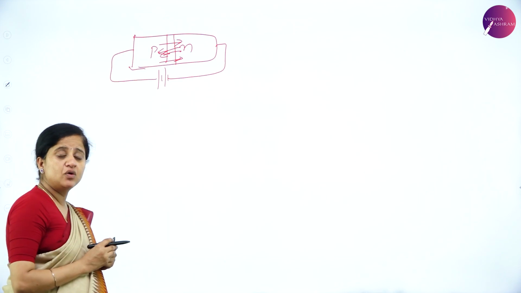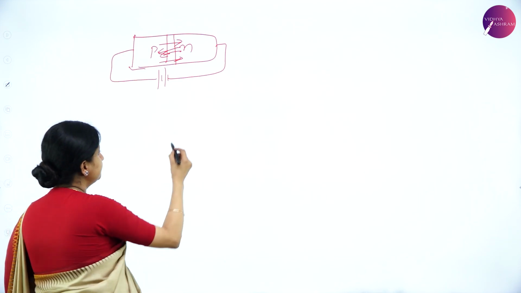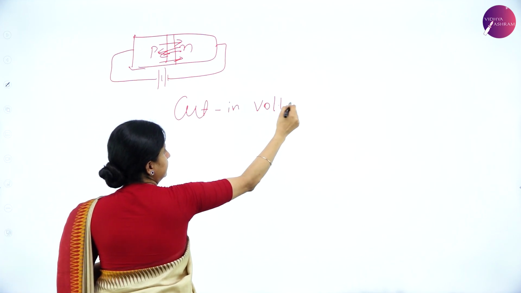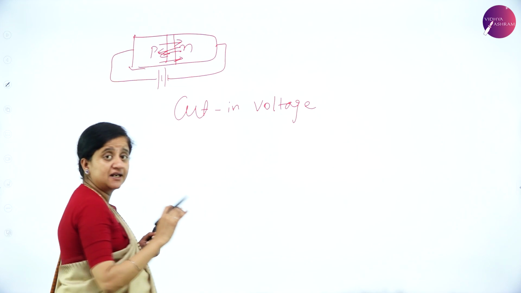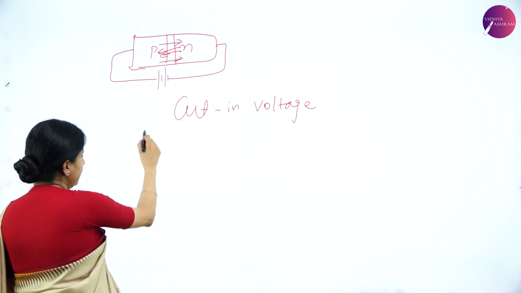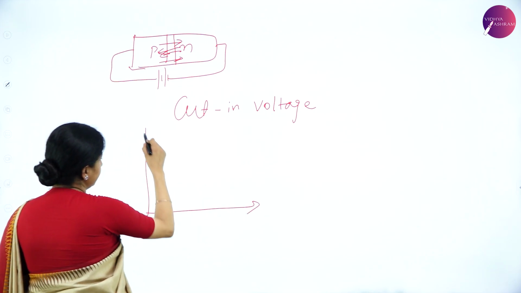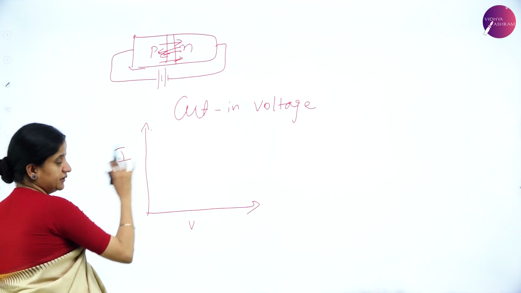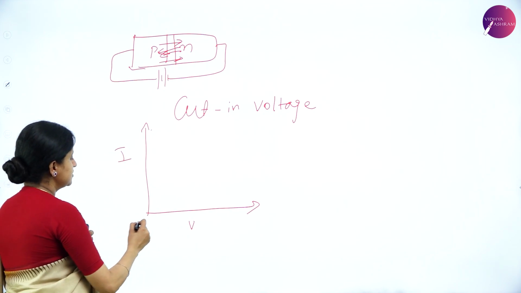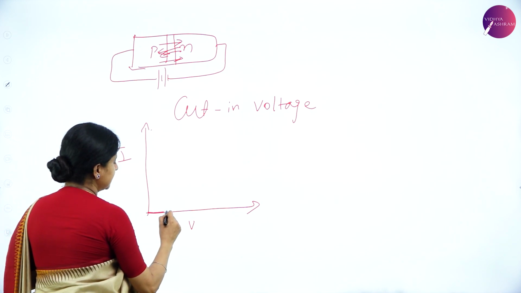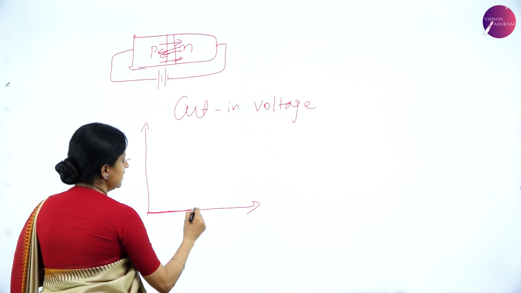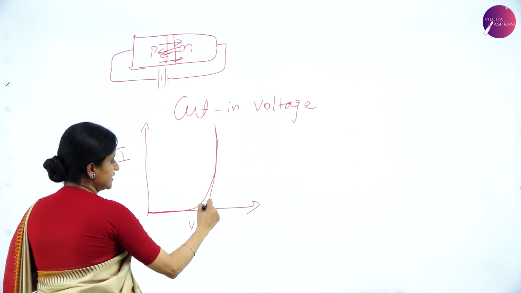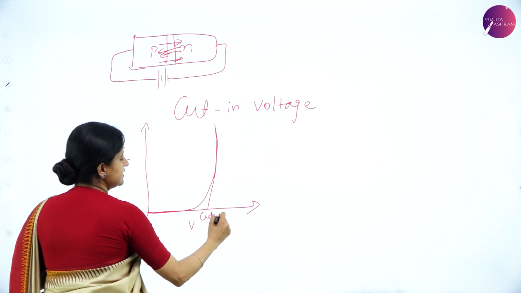When the applied voltage reaches a potential called the cut-in voltage, the current increases rapidly. We can draw the graph of voltage versus current in the forward bias condition. Initially, as the voltage increases, the current remains almost constant. When the applied voltage reaches the cut-in voltage, the current increases rapidly.